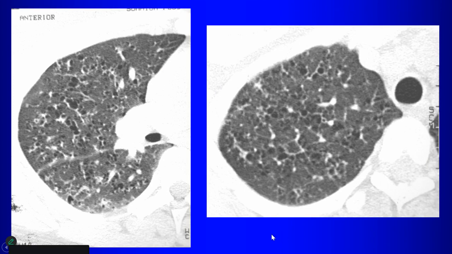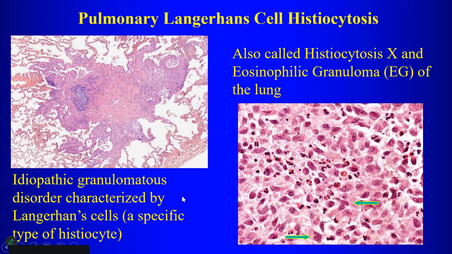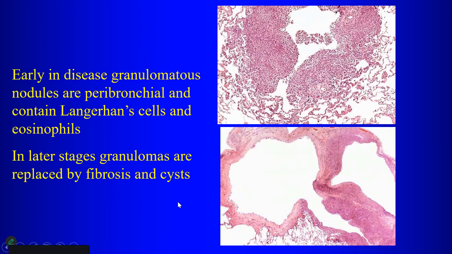So cystic changes in the lung, upper lung predominance, associated with pneumothorax. This is characterized by the accumulation of Langerhans cells, the type of histiocyte that has cleft nuclei, right? So it's the cleft nuclei that are characteristic of the Langerhans cell. These collect within the lung, and this is associated with smoking.